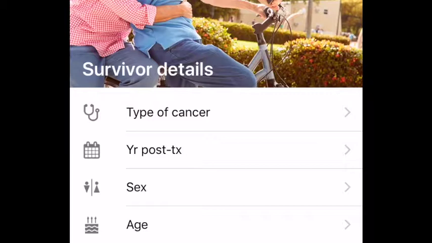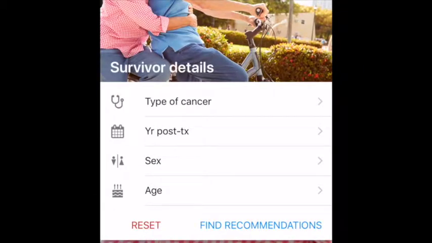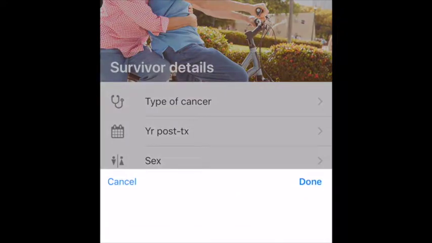With this information selected, the app will direct the user to the American Cancer Society survivorship recommendations. I will randomly choose a patient scenario. As an example, let's look at a hypothetical patient who has breast cancer, is 2 years post-treatment, female, and 59 years old.